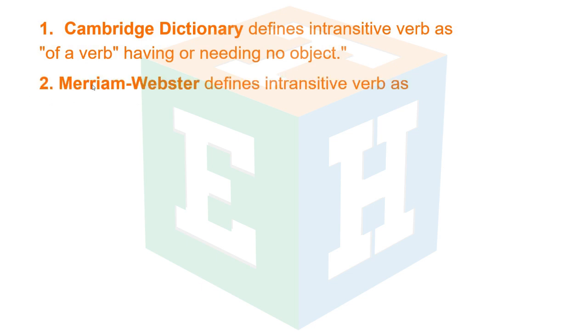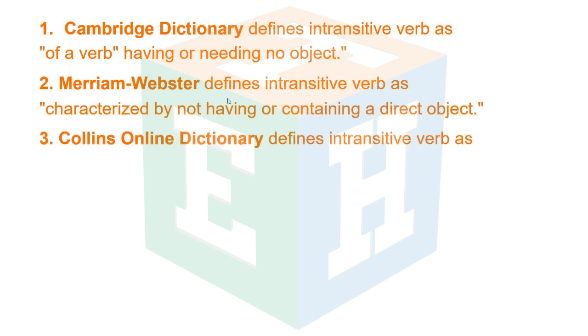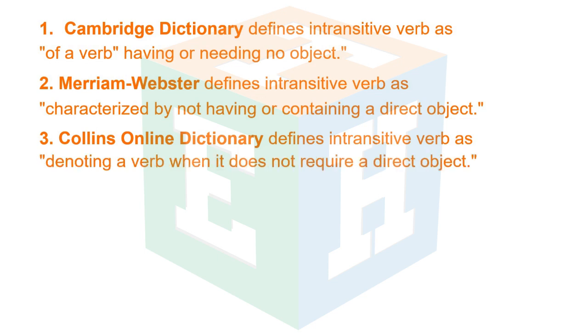Number 2. Merriam-Webster defines intransitive verb as characterized by not having or containing a direct object. Number 3. Collins Online Dictionary defines intransitive verb as denoting a verb when it does not require a direct object.